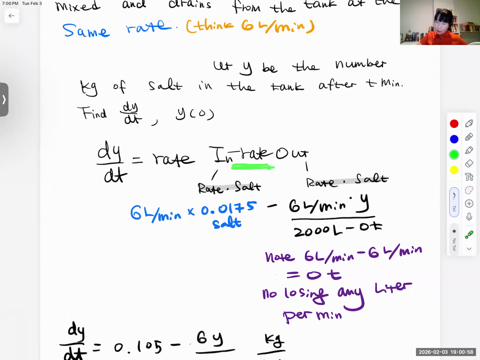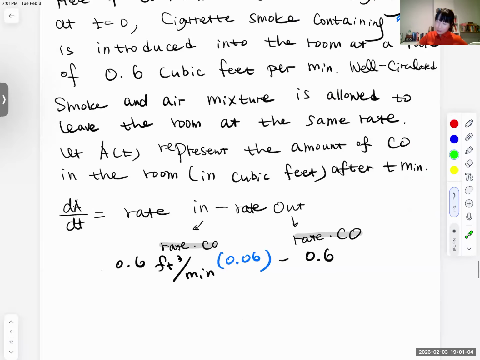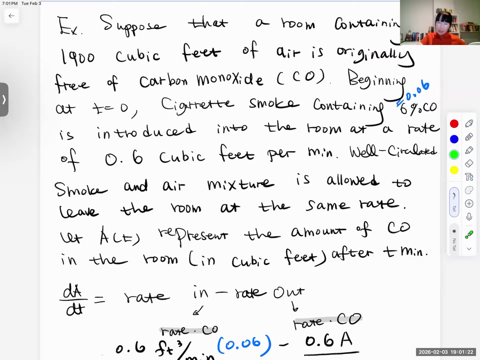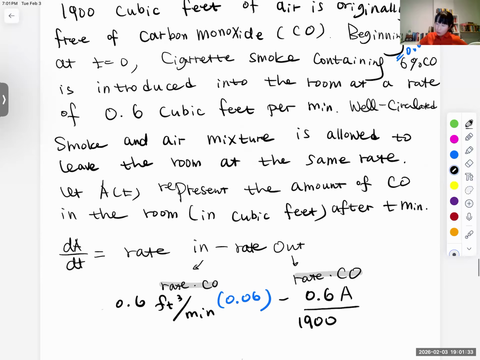So rate out, drain: 0.6, and we don't know how much carbon monoxide, so we talk about A over the volume. The volume starts at 1900 cubic feet of air, 1900. And then no difference in and out, because same rate, right?